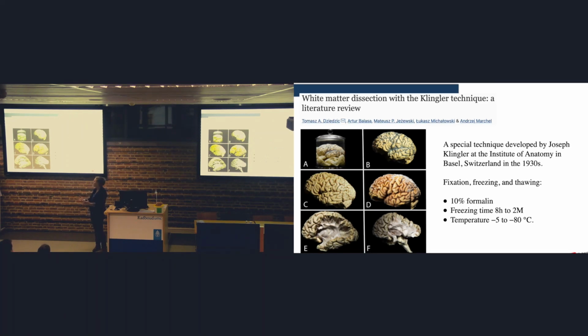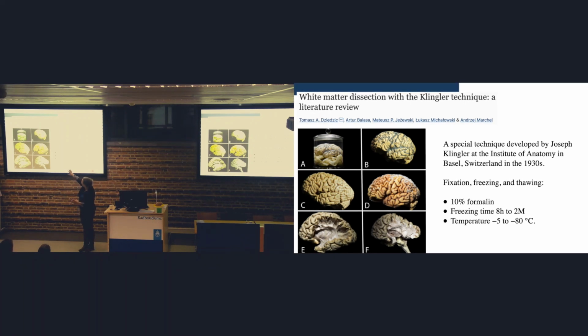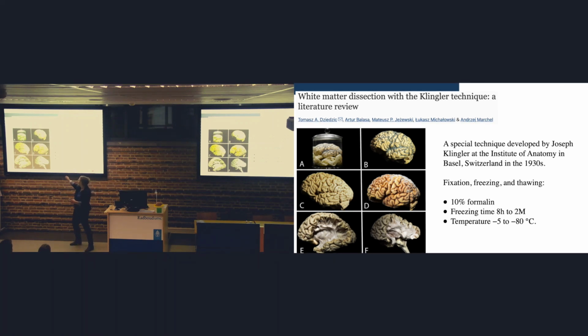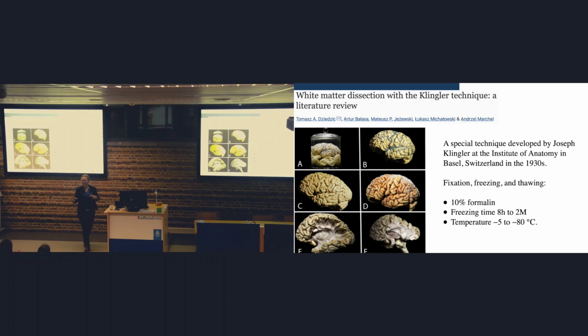The way you do the dissections, as you can see here, you prepare your brain in formaldehyde, and then you wash it and clean it from all the arteries and the meninges, and then from here to here, you can suddenly see magic happened. The magic is that you start carving away the gray matter.